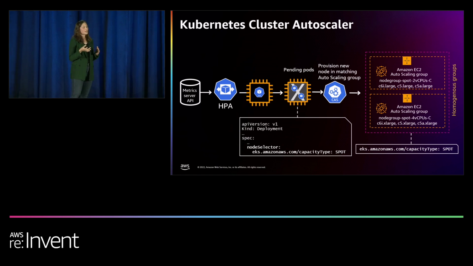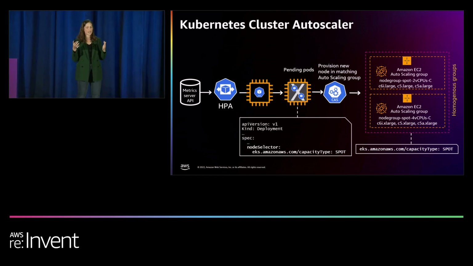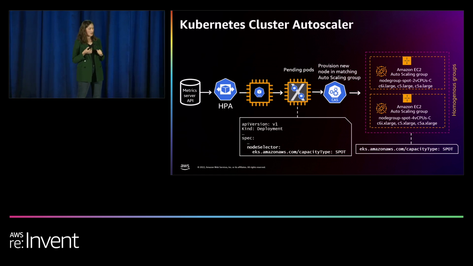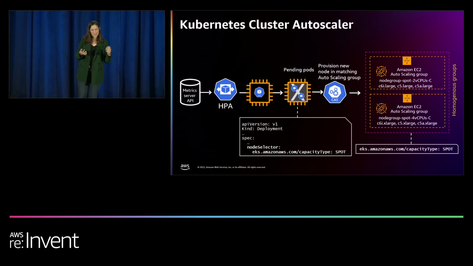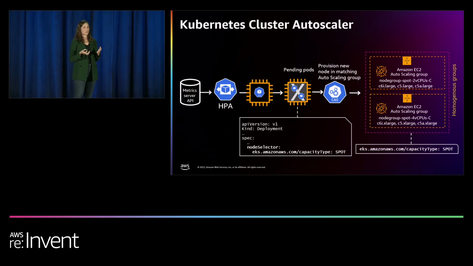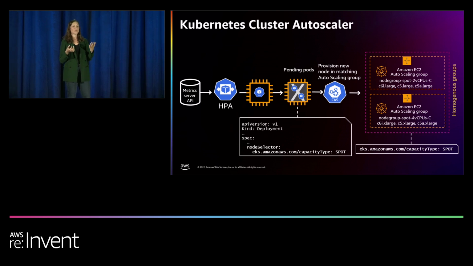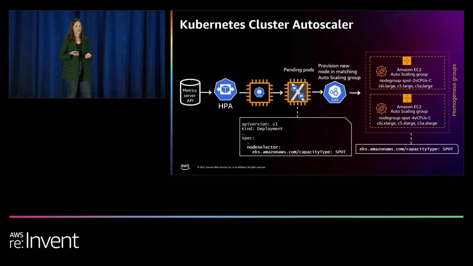Now, let's understand how cluster autoscaler works by looking at a scaling activity in the flow in this slide. This activity starts with HPA, the horizontal pod autoscaler, which creates a new pod in response to metrics. That pod is created, and if there aren't enough resources to run it, it becomes pending due to insufficient capacity.